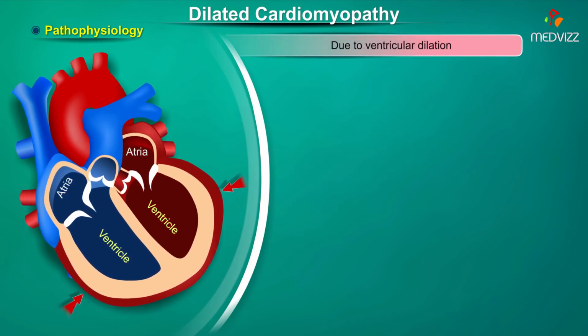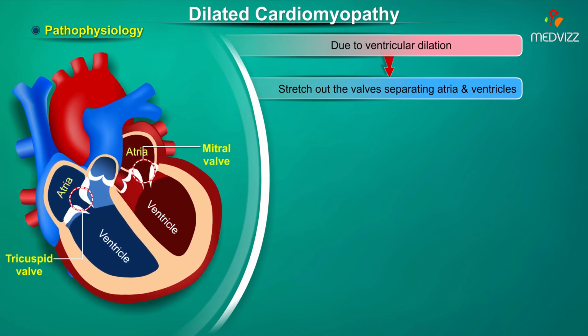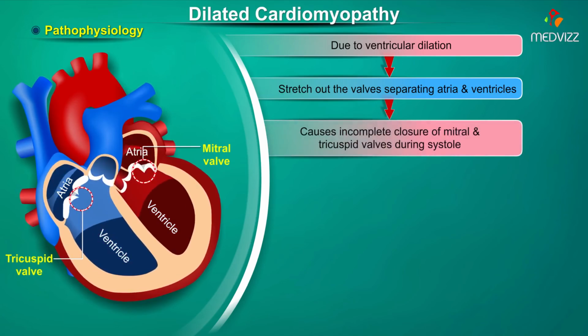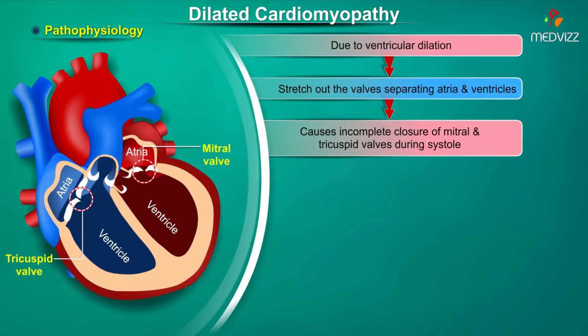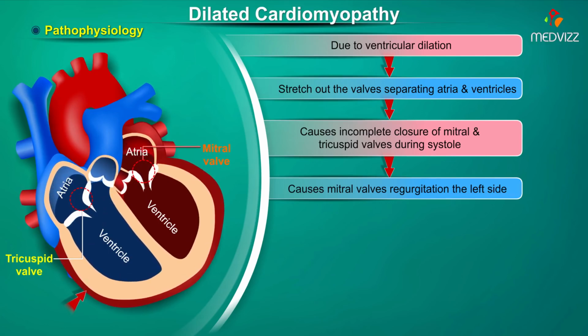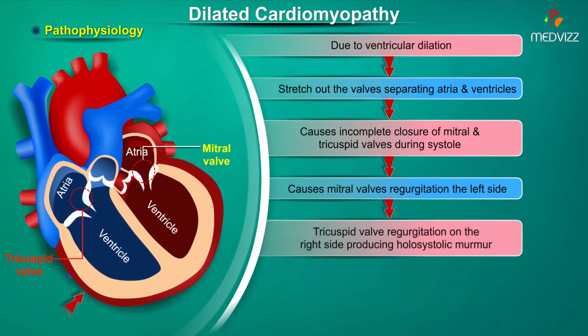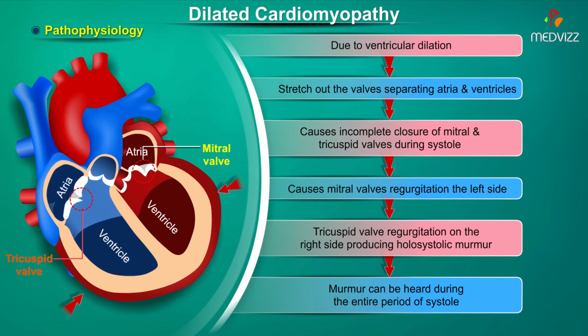Because of the ventricular dilation, they stretch out the valves separating the atria and ventricles, which in turn causes incomplete closure of the mitral and tricuspid valves during systole, leading to regurgitation of blood back into the atria. This causes mitral valve regurgitation on the left side and tricuspid regurgitation on the right side, producing holosystolic murmurs, which means a murmur that can be heard during the entire period of cardiac systole.